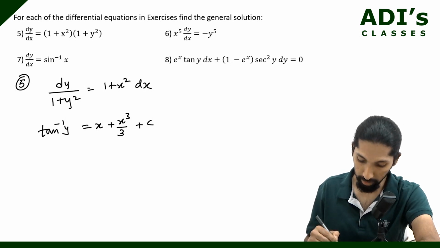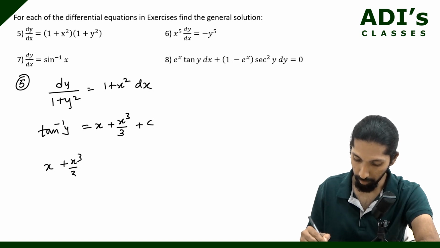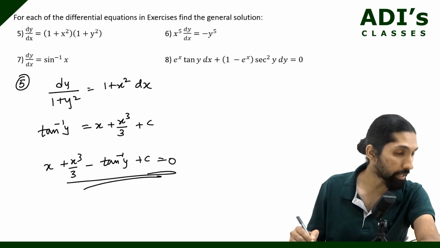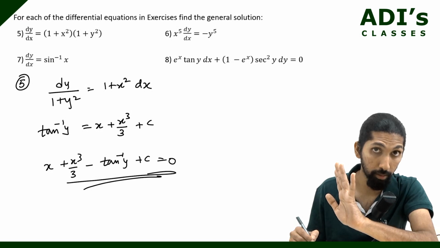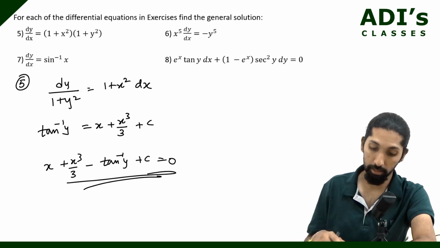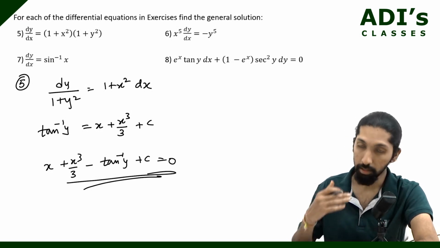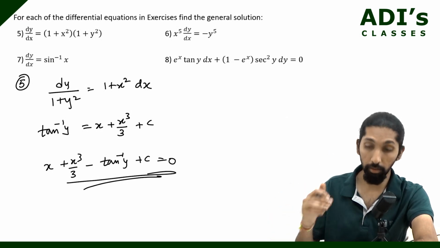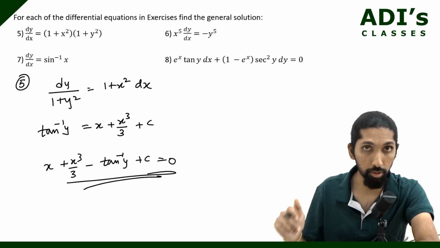Or you can write this as x plus x cube by 3 minus tan inverse of y plus c is equal to 0. That's all. It's direct integration, nothing more, nothing less. It's very, very simple. Just separate the variables, solve it, and done. Fair enough?